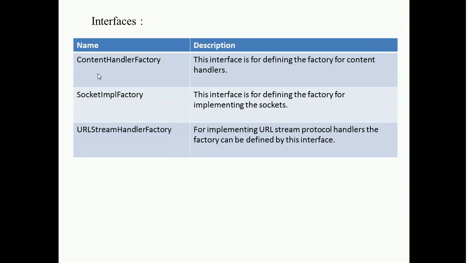So these three interfaces are mostly used in the networking programming, and these interfaces are in the java.net package. So the java.net package provides useful classes and interfaces for networking applications which are used in the socket and URL.